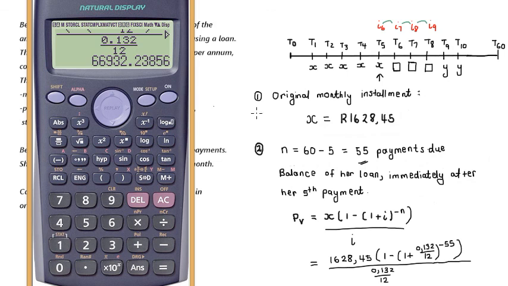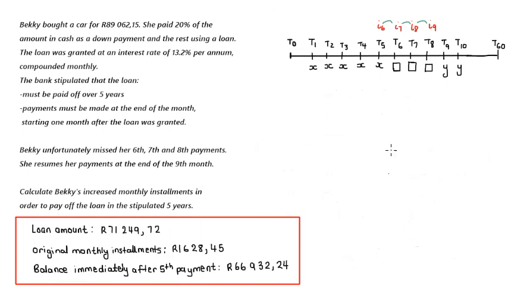And we get that at that point, the balance on her loan is 66,932 Rand and 24 cents. So now we have the value of X. We also have the balance on her loan immediately after she's made her fifth payment.